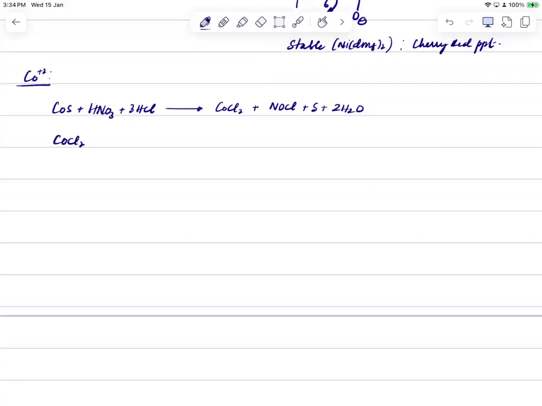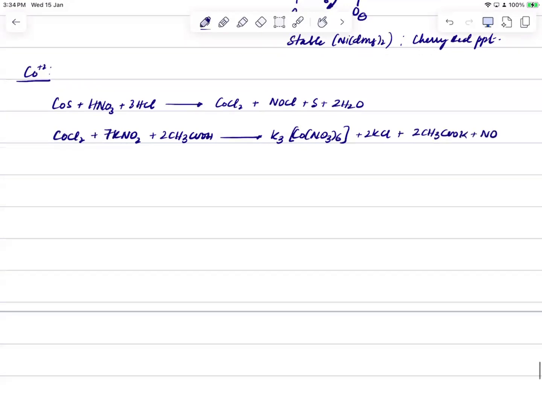Next, CoCl2, we add a nitrite, KNO2, plus 2 moles of CH3COOH, which will give us K3[Co(NO2)6], correct, plus 2 moles of KCl plus 2 moles of CH3COOK plus NO. So basically one of the nitrogens will get reduced, cobalt will get oxidized, and this will become potassium hexanitrocobaltate, which is a yellow PPT.